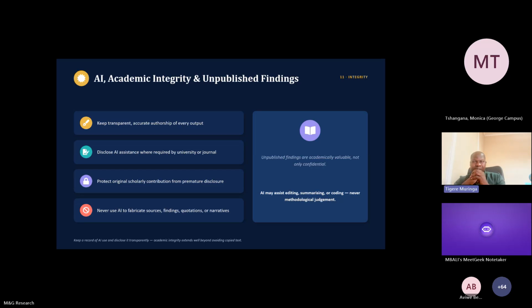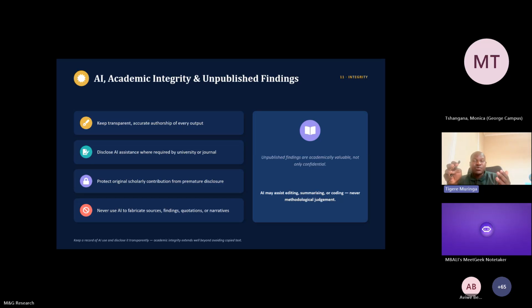Unpublished findings are not only confidential, they are also academically valuable. So when you upload your draft chapters, original conceptual frameworks, unpublished data sets, or emerging themes to an AI platform, these tools can create risk around intellectual ownership, premature disclosure, plagiarism, and loss of control over research outputs.